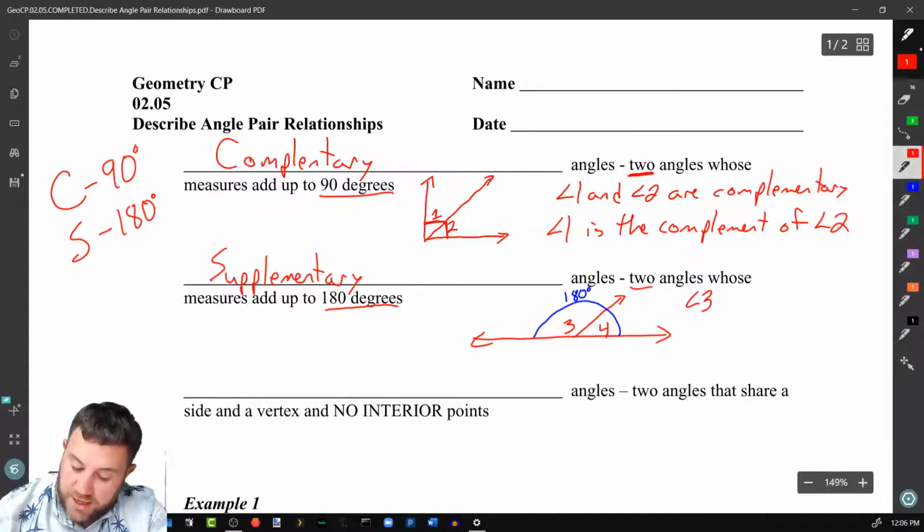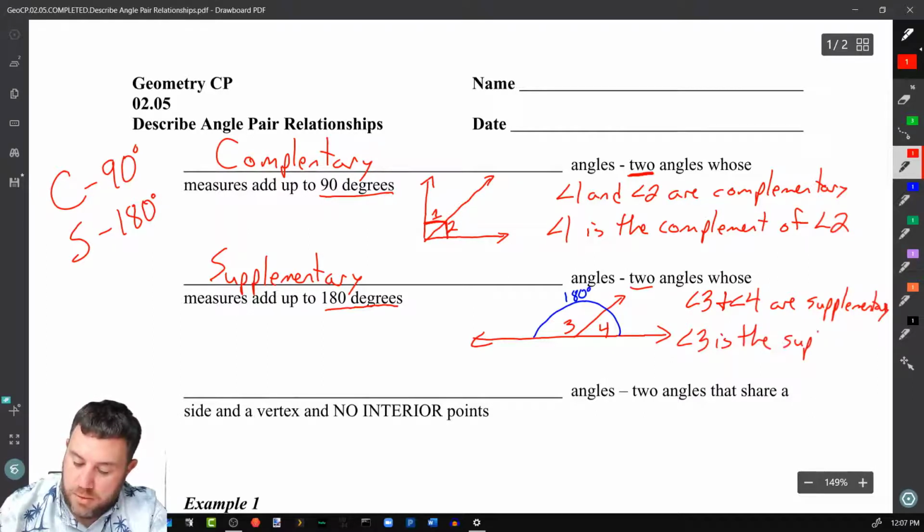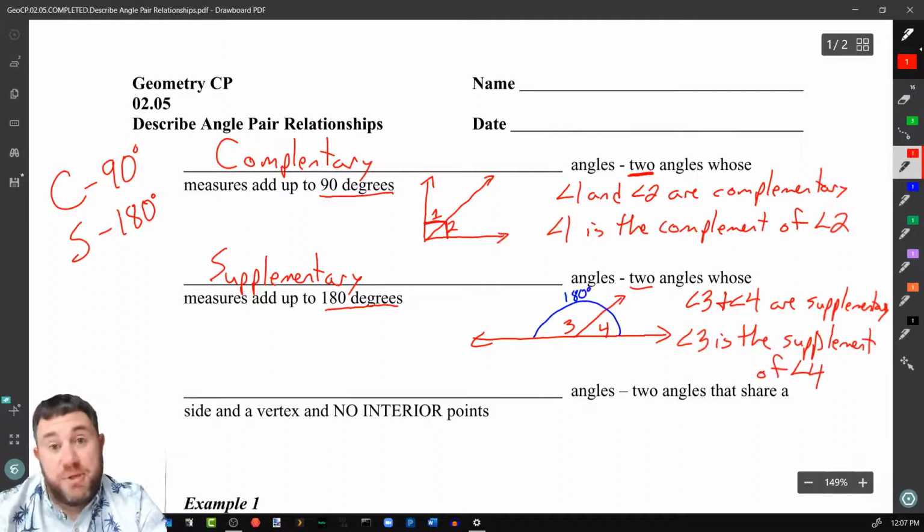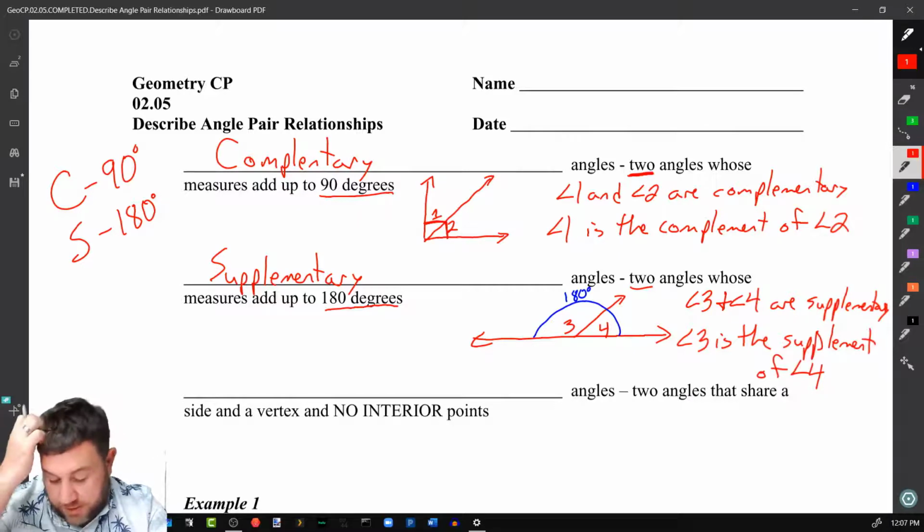So we would say angle 3 and angle 4 are supplementary. I'm going to run out of space. Got to squeeze that in there. That says supplementary. And we could say angle 3 is the supplement of angle 4, and angle 4 is the supplement of angle 3.